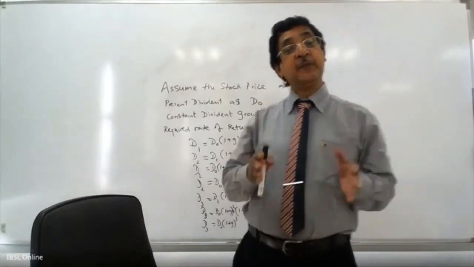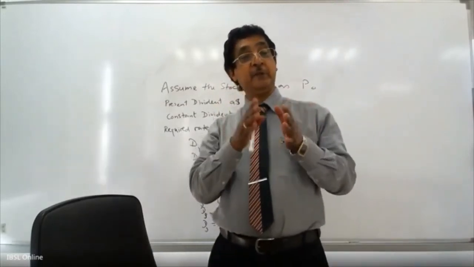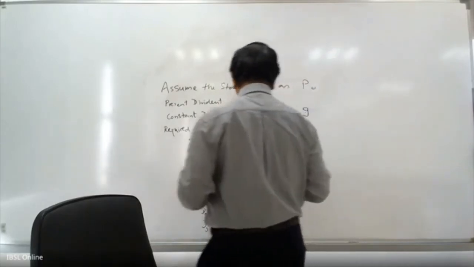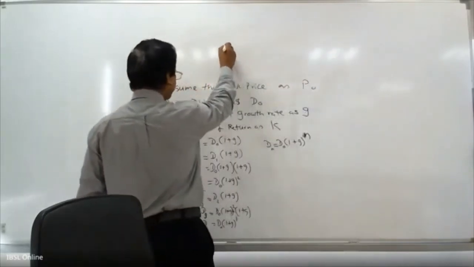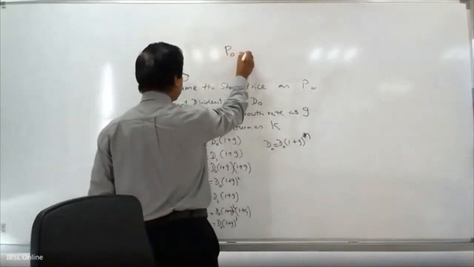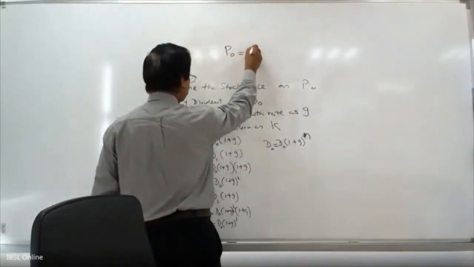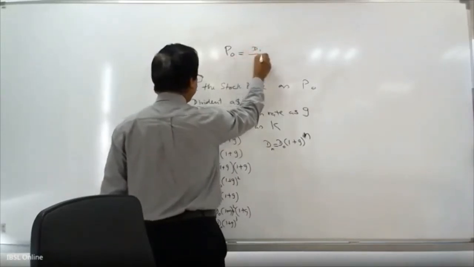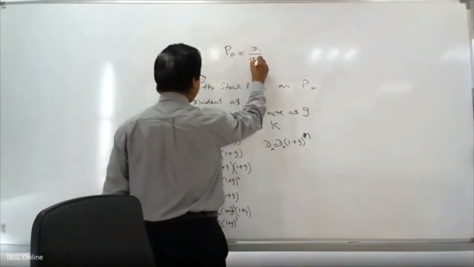The present price of the stock we have denoted as B0. Therefore, we can show it this way. B0 is equal to D1 divided by 1 plus K.